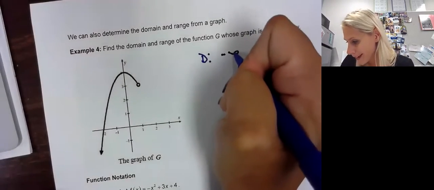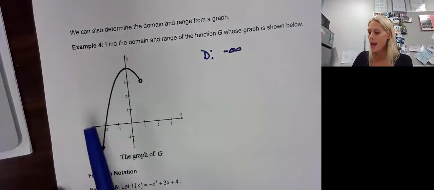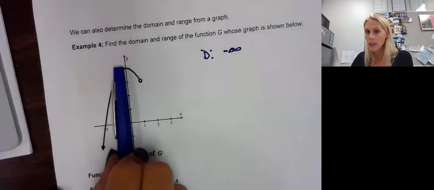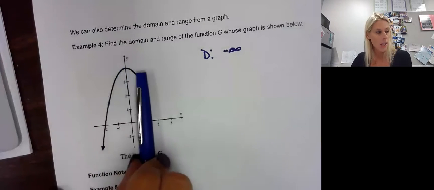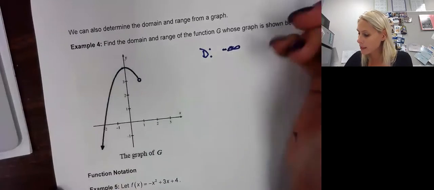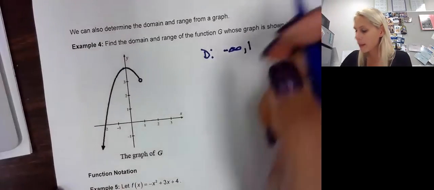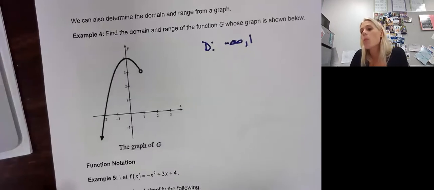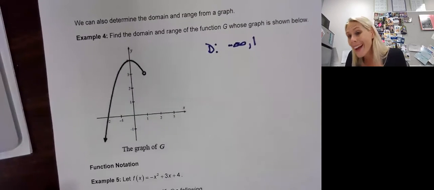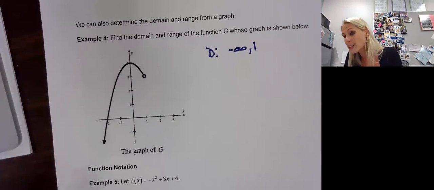What value is all the way left? Hopefully you said negative infinity. Now, if I go right, where is that last spot of our graph? That last spot is at 1, okay, in that hole, right? We can't say 0.9 because it could be 0.99, it could be 0.9999, so 1 is our best bet.